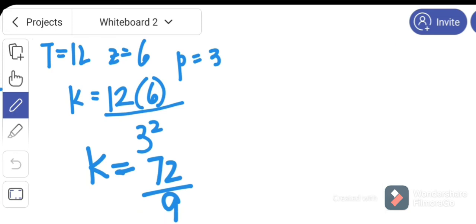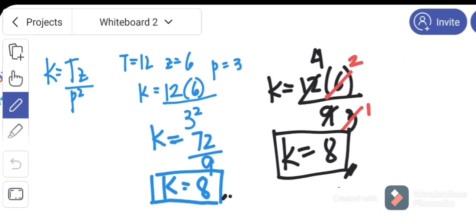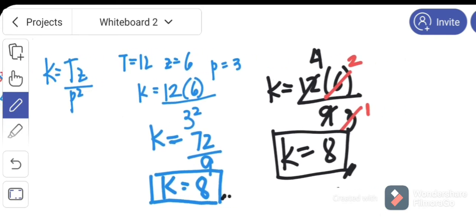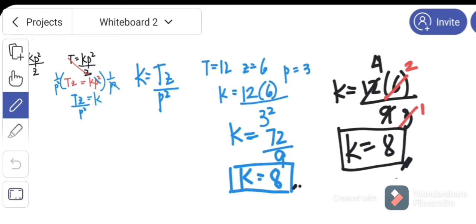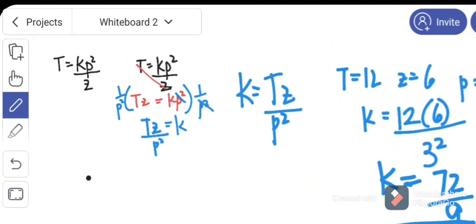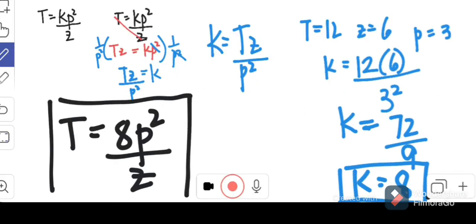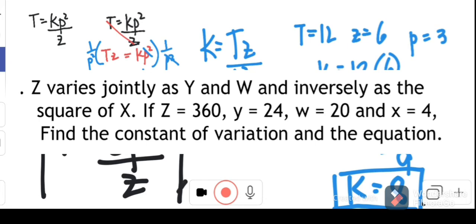Let us rewrite our equation from the original equation that we have here. So this will be T is equal to 8P squared over Z. This is now the equation of our given problem.